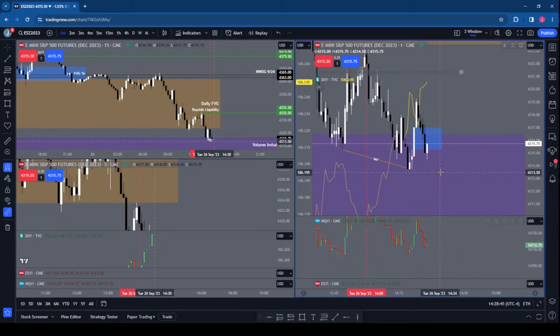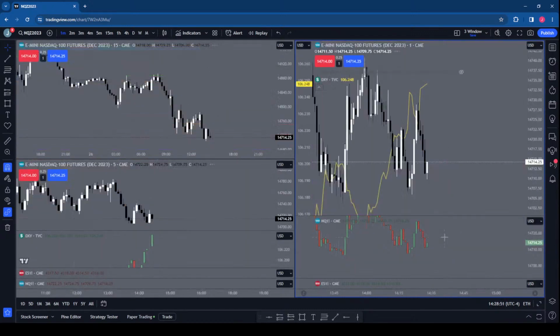Yeah, dollar's pushing higher. I just don't want to be in anything short while the dollar's going down like that.